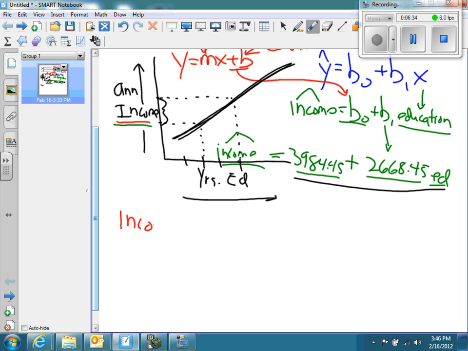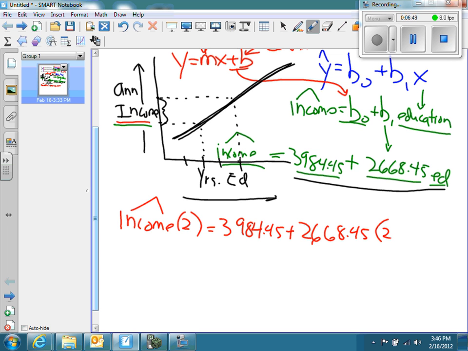Income hat for 2 years is equal to 3984.45 plus 2668.45 times 2. That's the 2 years of education.